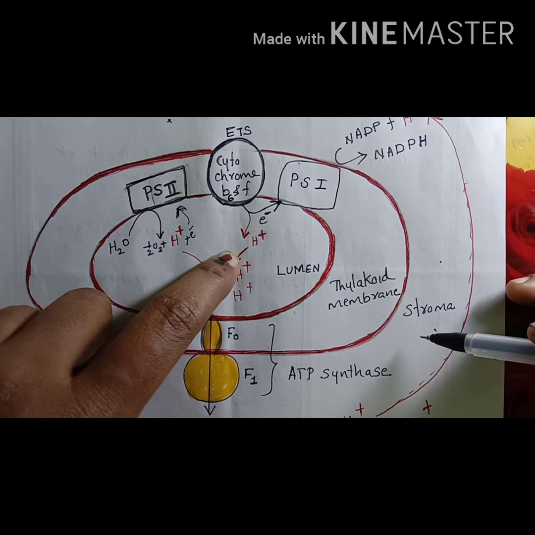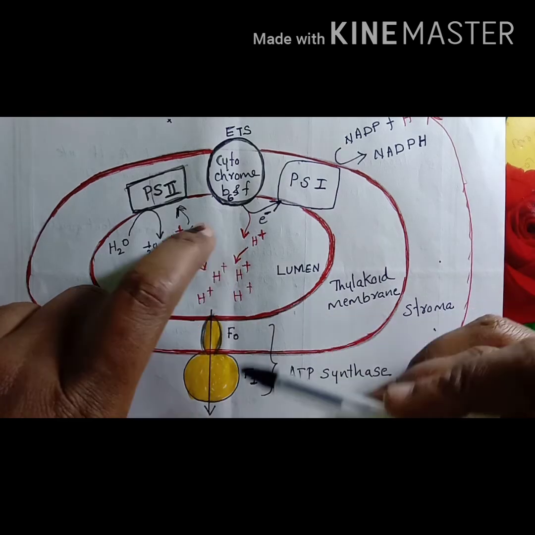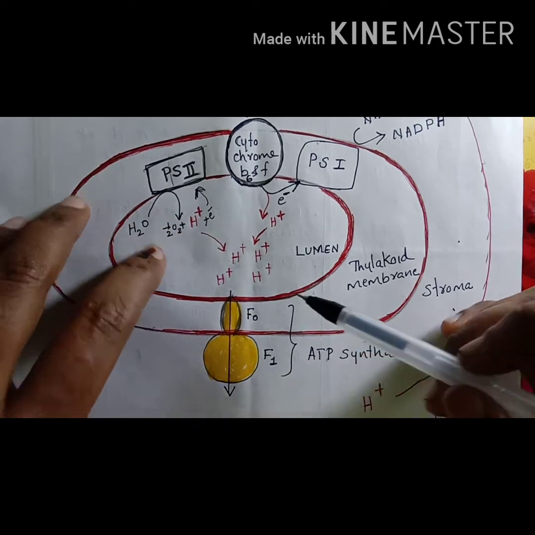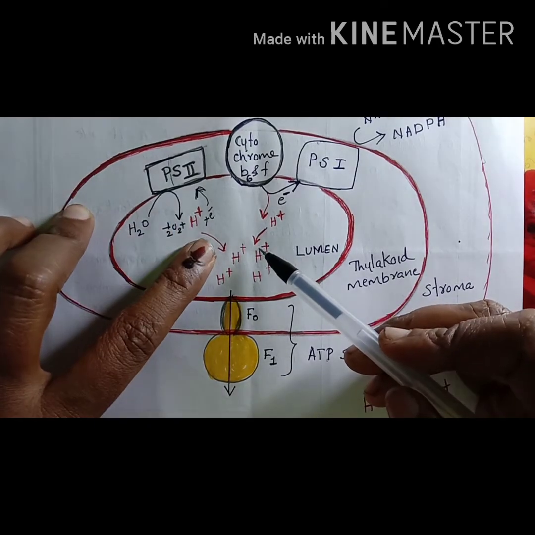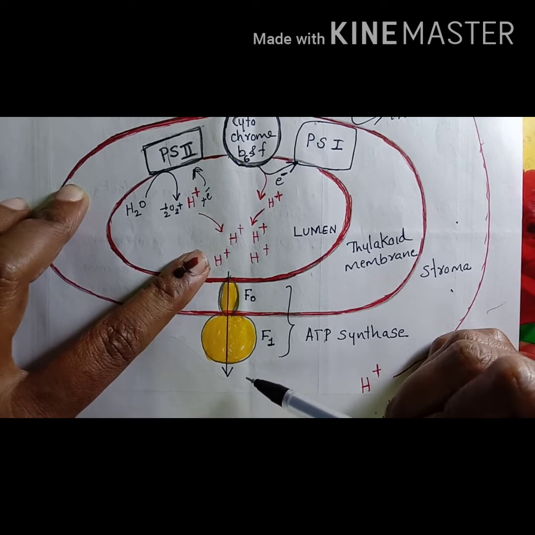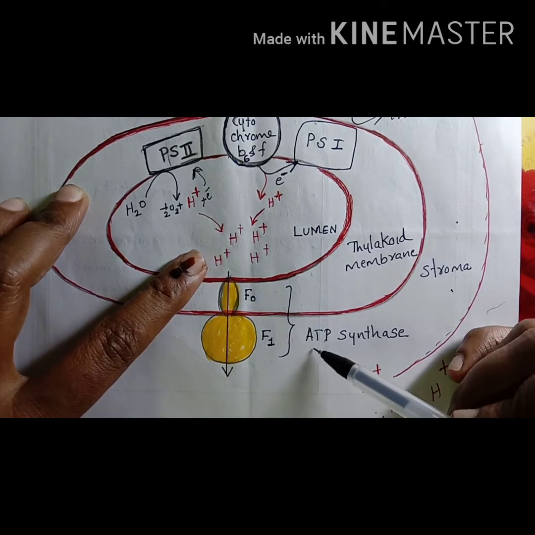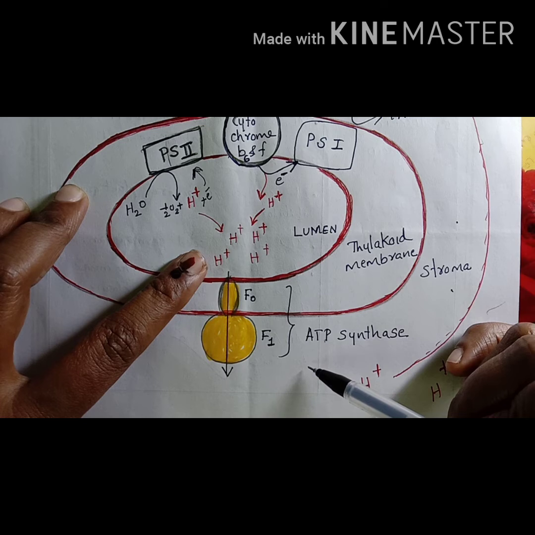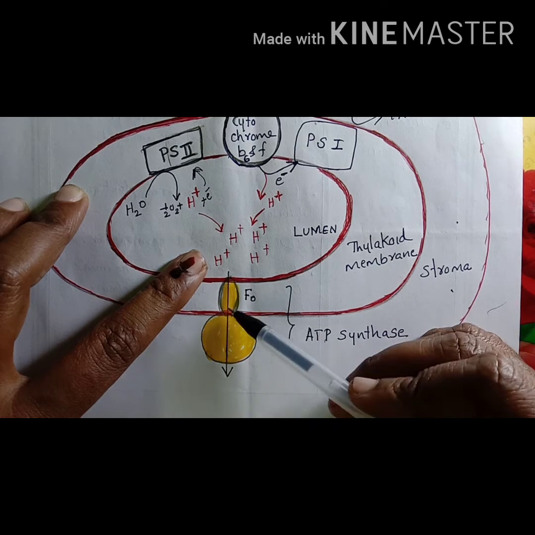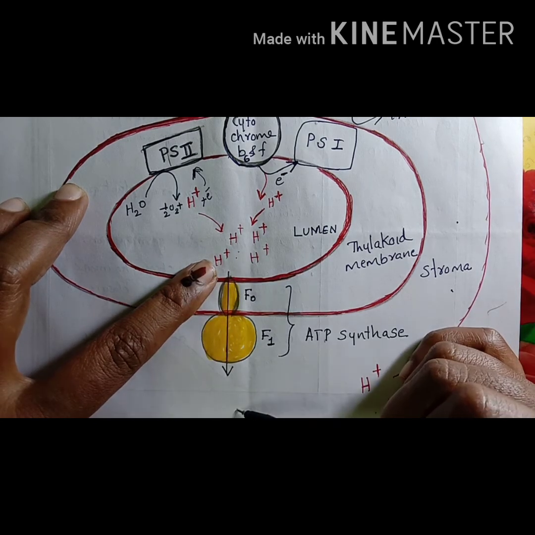So automatically what happens? The molecule will move from higher concentration to lower concentration. Here also the protons from the higher concentrated region, that is from the lumen, begin to move outside. And here the enzyme ATPase or ATP synthase acts as the channel that carries the proton from higher concentration to lower concentration.